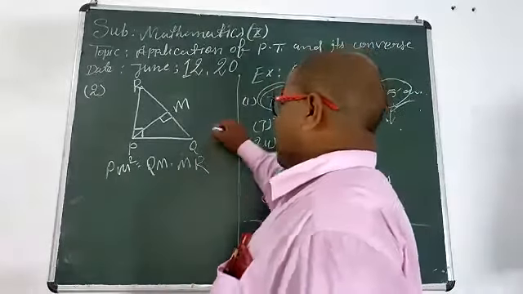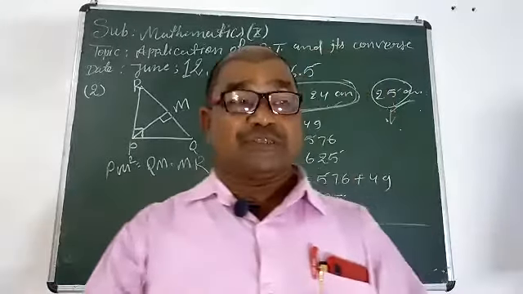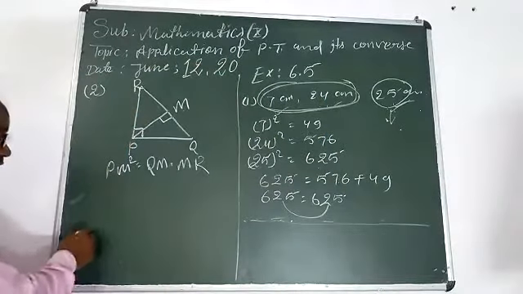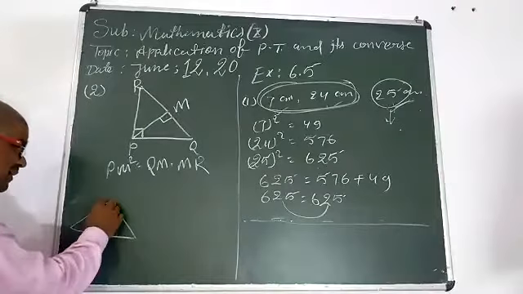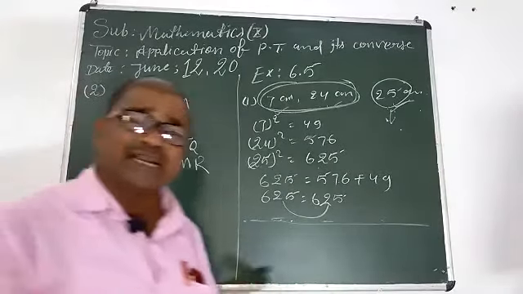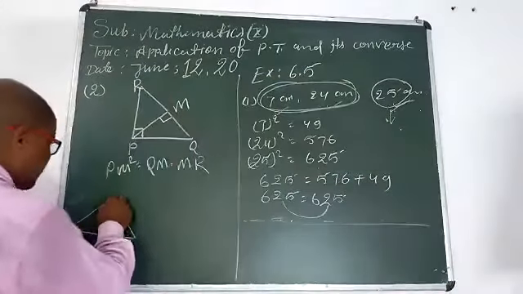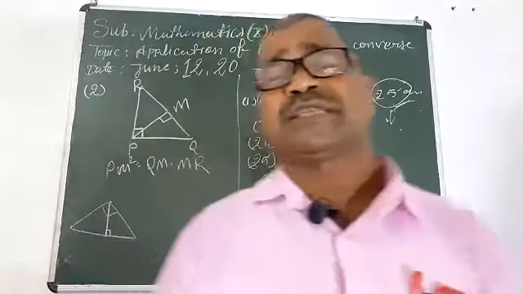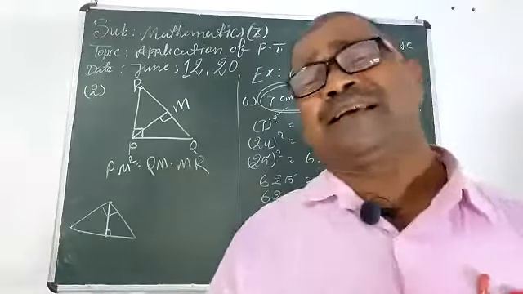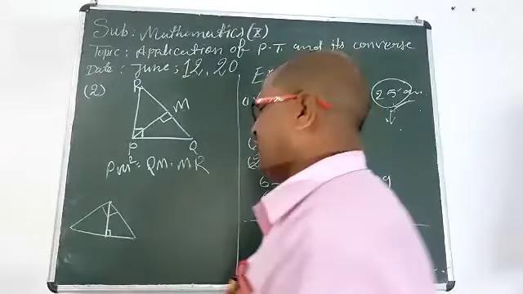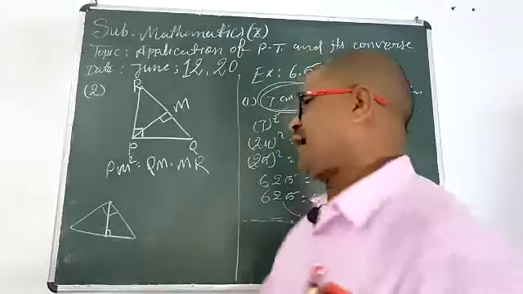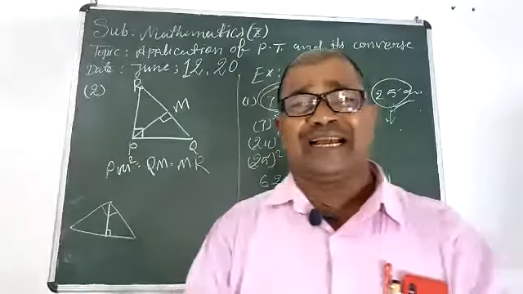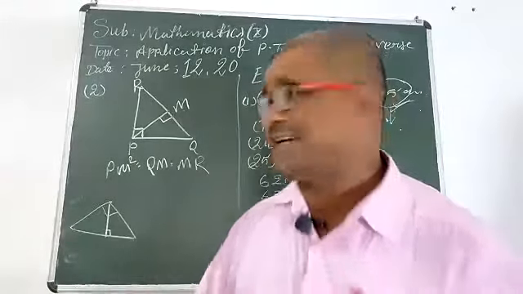Student, this question is related to the major concept given by Pythagoras. There is a right angle triangle, and one vertex is the right angle. After drawing the perpendicular from the right vertex on its opposite side, which is the hypotenuse, the triangle is divided into two other right angled triangles.